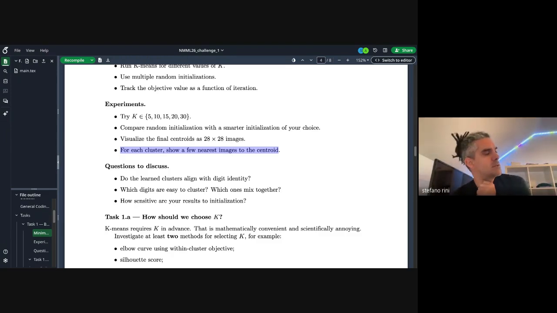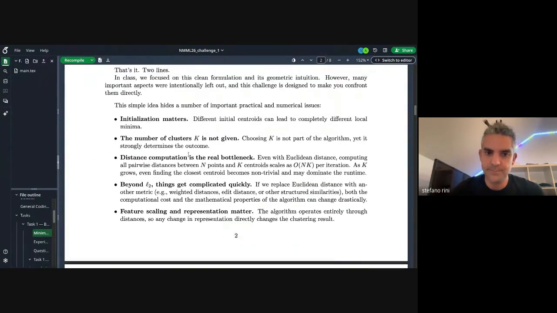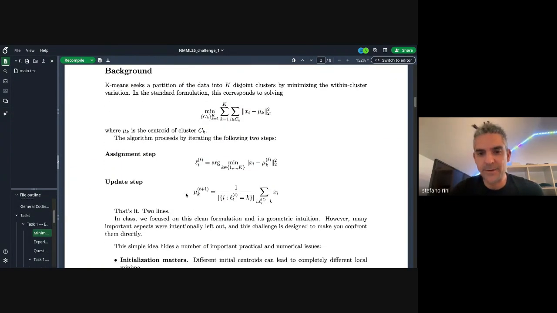This is another discussion that brings us to another algorithm. I'll mention it here. So you see that in this update step, you allow the centroid to be any point.